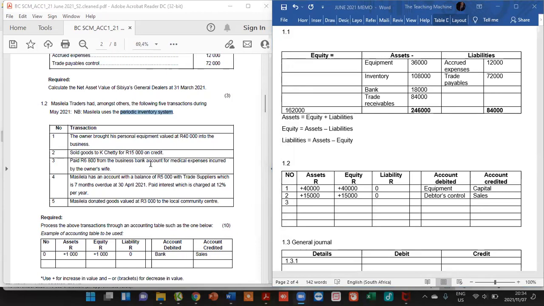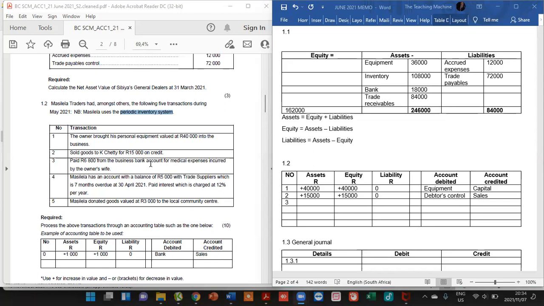Now, if the business uses a perpetual inventory system, they will give you what we call a markup on cost. A markup on cost is a percentage that the business uses on its cost price. Say for example, you bought goods for 5,000 and your markup is 50%.